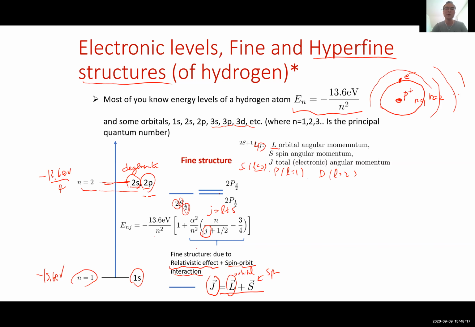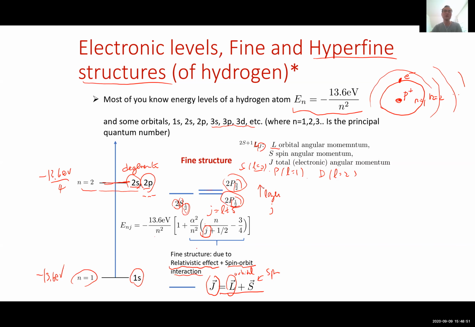And the p orbital actually splits into 2. One is labeled 2p 3/2, the other one 2p 1/2. So they get split, and the split depends on the j. The j is the number at the right bottom corner. The larger j is, the higher the energy.